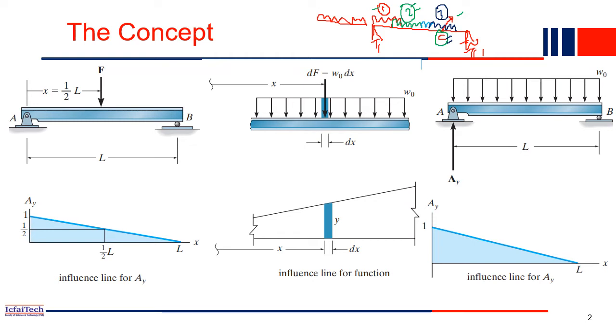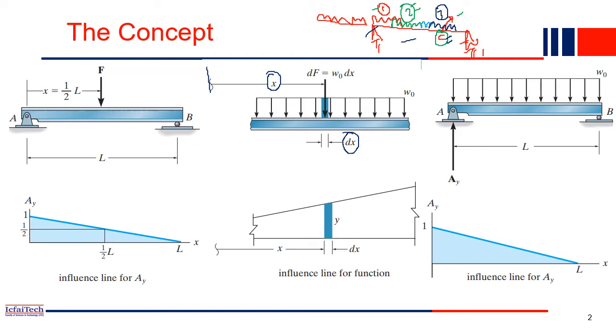So how do we find the influence line diagram when a uniformly distributed load is moving from the left support to the right support? That we'll see now. We can consider a distance of x from the left-hand side support, and let's consider a small segment delta x. Delta x is a small segment and UDL is acting over there.